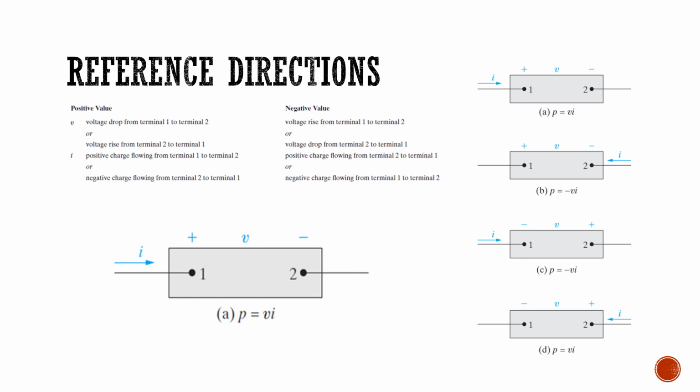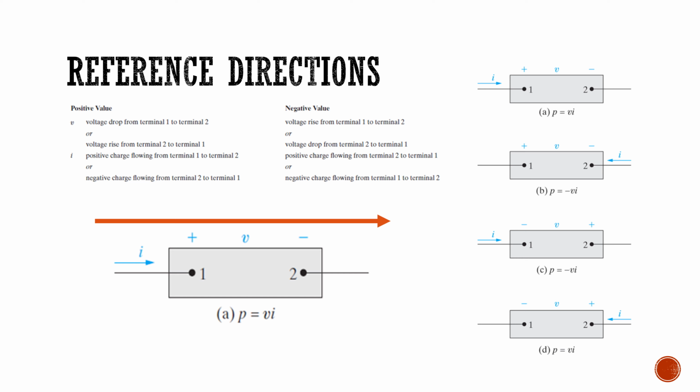So our convention is to set our reference direction for current such that the positive charge is moving across the voltage drop, which utilizes the equation P equal VI.